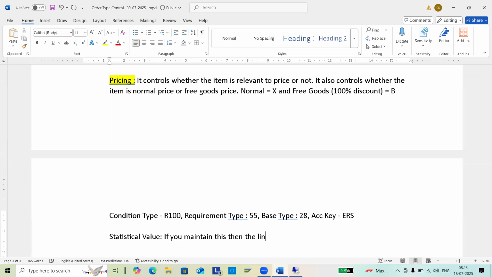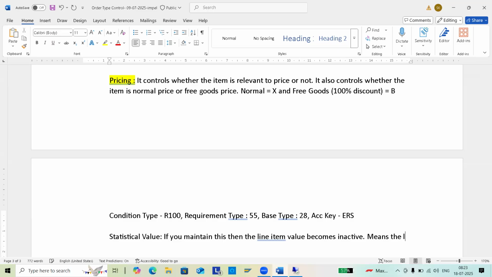The line item value becomes inactive. Clear, guys? The line item value does not have any effect on the total document value.